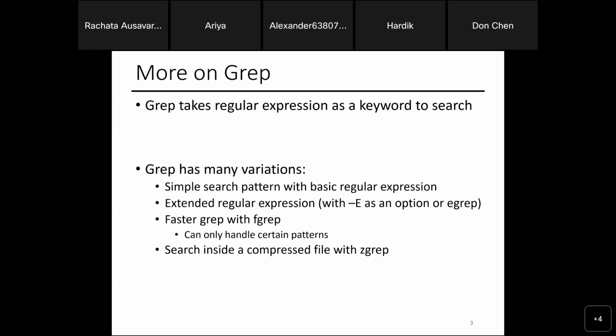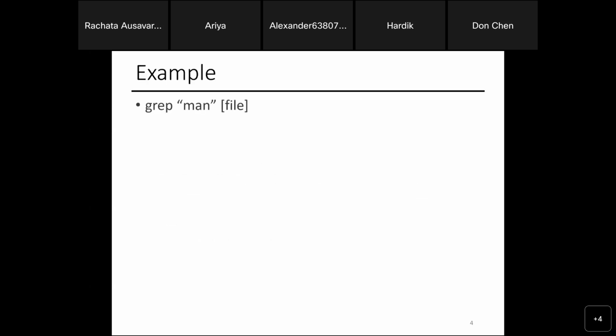It allows extended regular expression with the dash E, which is the full-blown version of what we learn today. You can also use the faster version, fgrep, which restricts certain patterns so that it gets faster when you have to search an entire directory, not just one single file. You can also search inside a compressed file with cgrep.